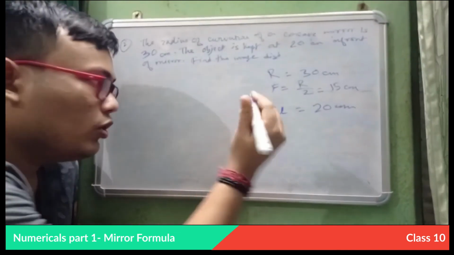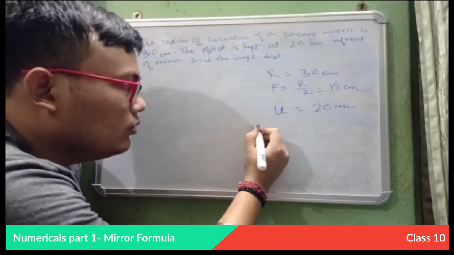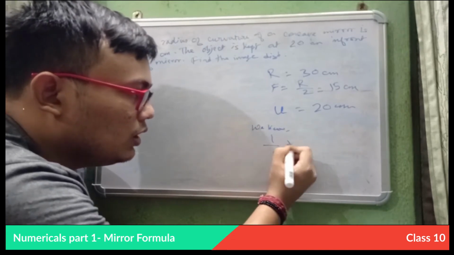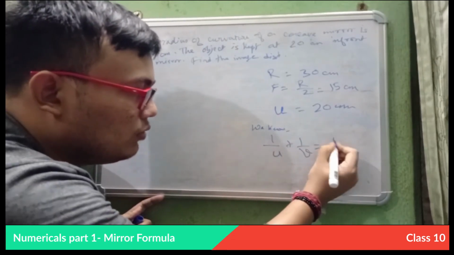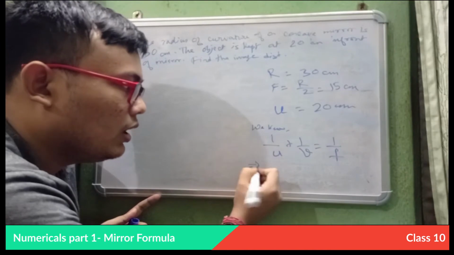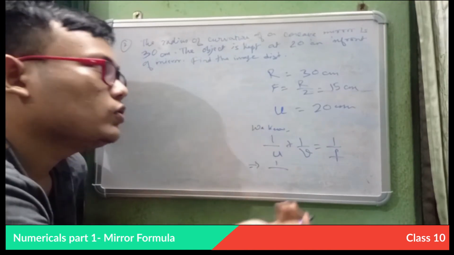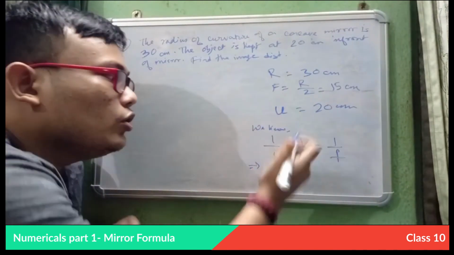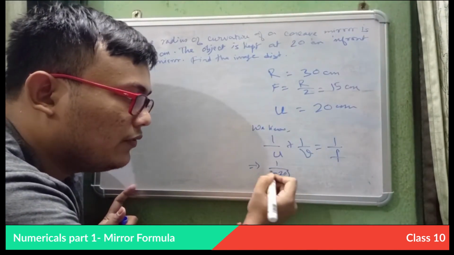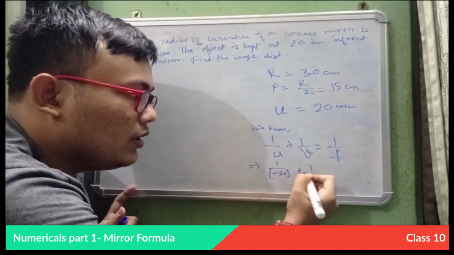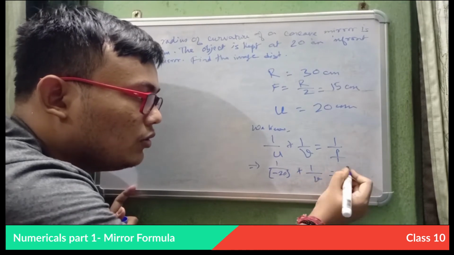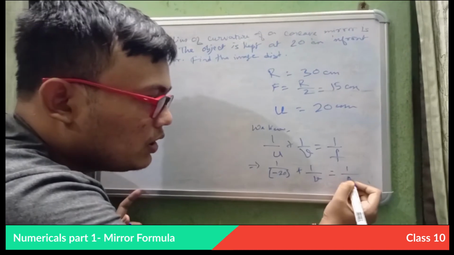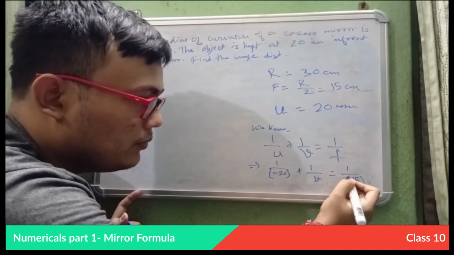So from the mirror formula we know 1 by u plus 1 by v equals 1 by f. Again, u is toward the left side, that is on the negative x-axis, so u will be considered negative. And f is also on the left side, so f is also considered negative.